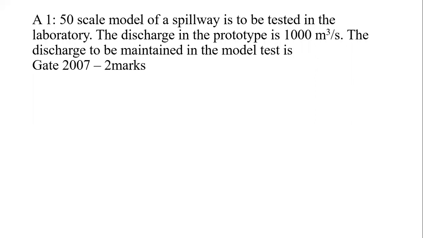A 1 in 50 scale model of a spillway is to be tested in the laboratory. The discharge in the prototype is 1000 meter cube per second. The discharge to be maintained in the model test is, this is like the previous example only, but some changes they have given us. The scale ratio they have changed here.